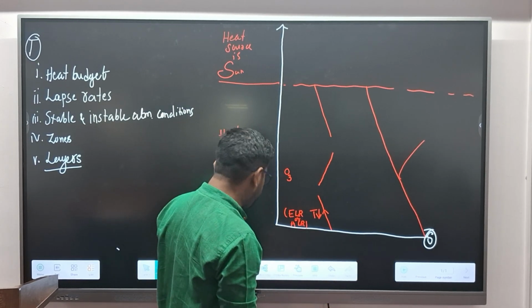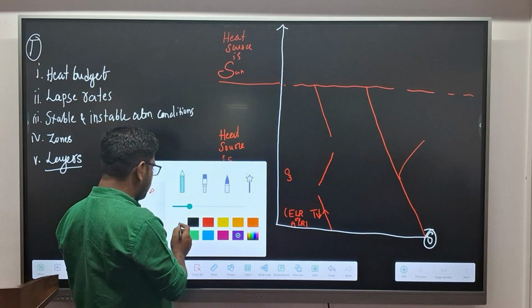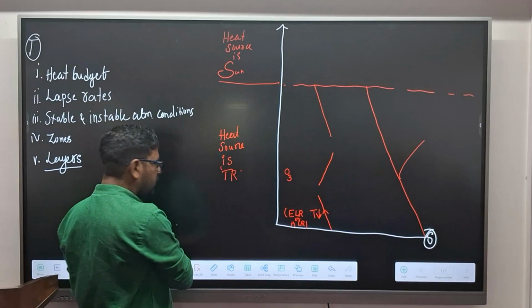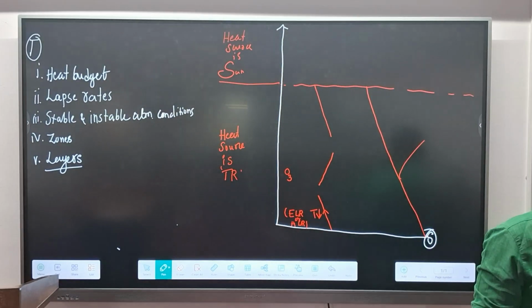And that difference can be marked by what we call discontinuities, which we have discussed in geomorphology.